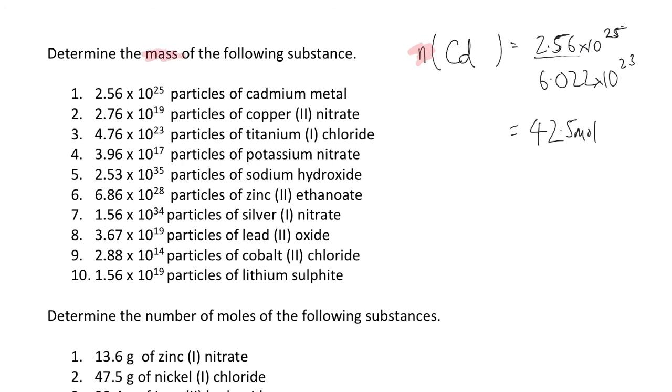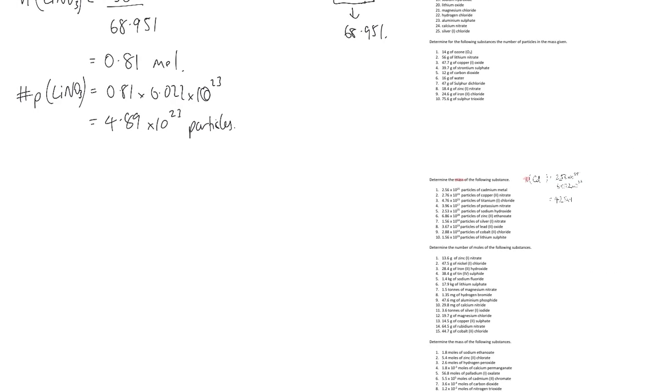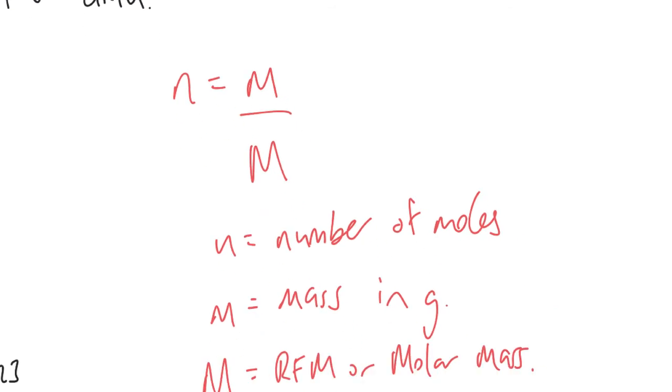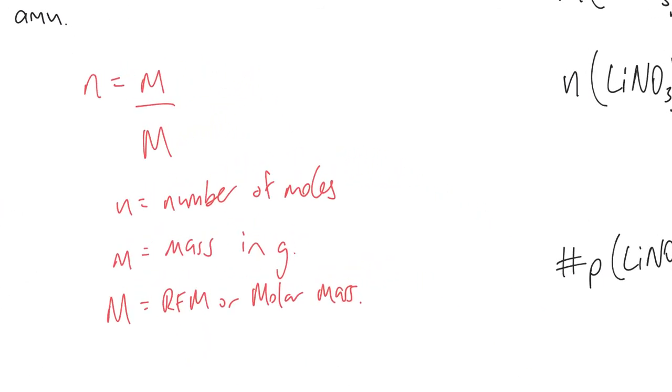I need to work out the mass. So I need to be able to rearrange that equation from before. How would I rearrange that equation to work out the mass from the moles? N times which M? The big M. Okay, to solve for the mass.